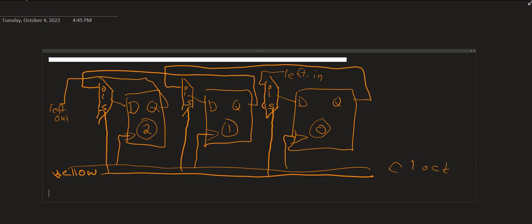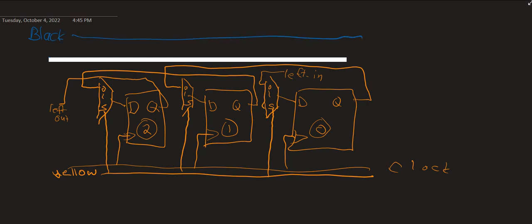Okay, so I'm going to have a variable that I call black. Those are just wires, a wire that has a signal on it. And if yellow is 1, I want the input to be the AND of the output of that flip-flop and black.